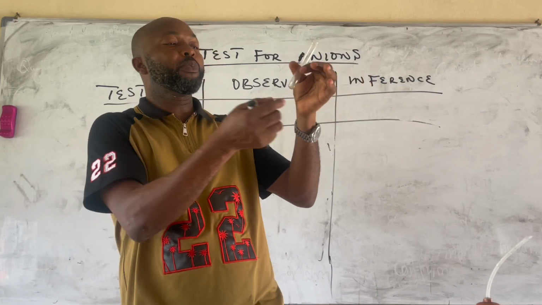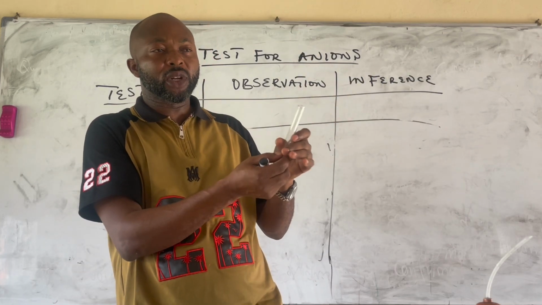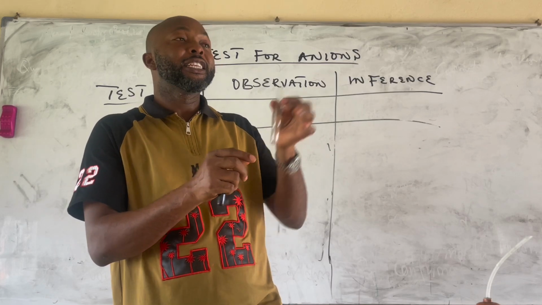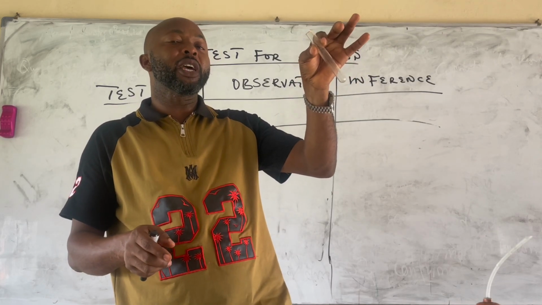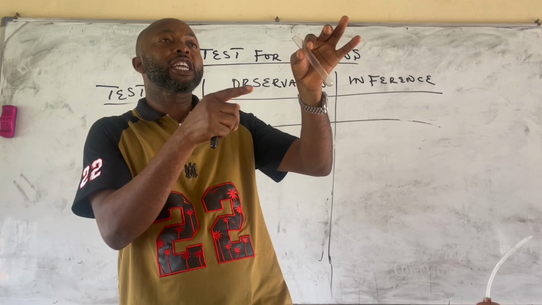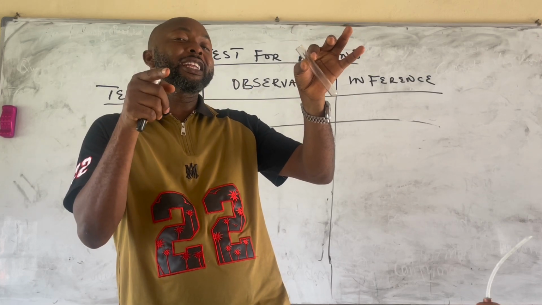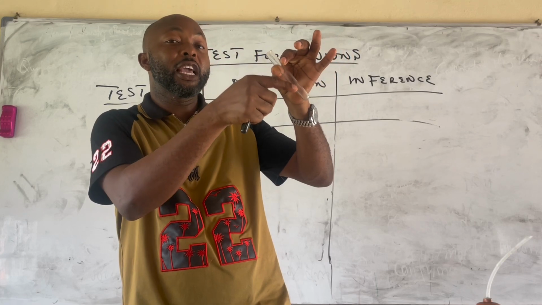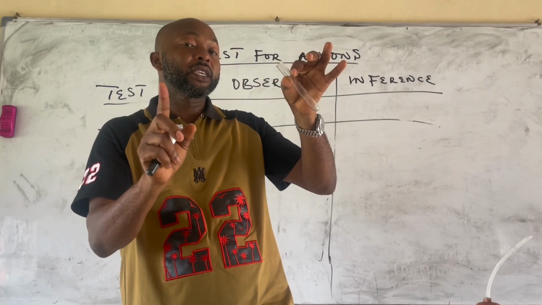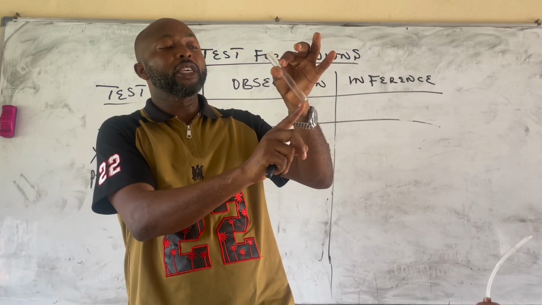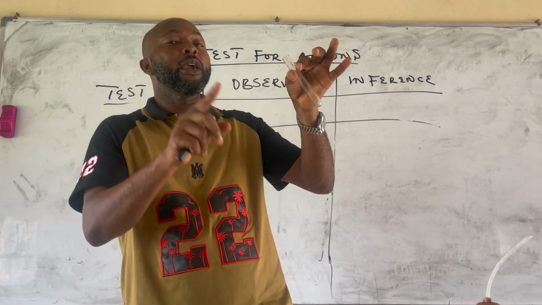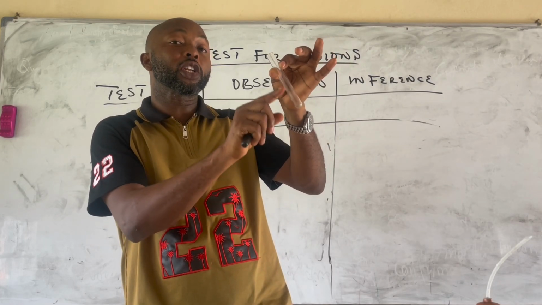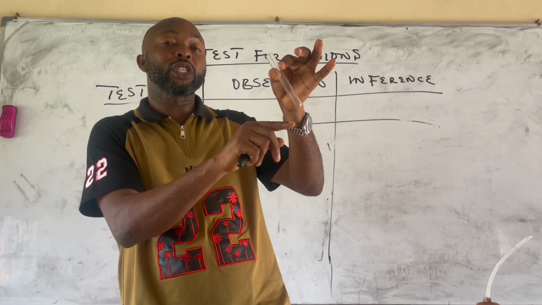So this is my sample X. I've added my sample X with a little water and add freshly prepared iron 2 tetraoxosulfate 6. Then you slant the test tube a little bit. When we slant the test tube, we add concentrated tetraoxosulfate 6 acid down the walls of the test tube gradually, and we ensure that it doesn't mix. And when that happens, a brown ring is formed at the junction between the two liquids.